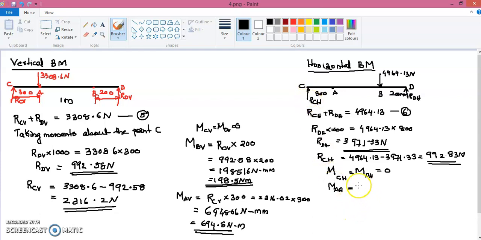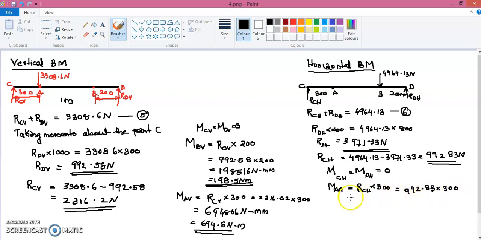So I will write it as RCH into 300. So the value for RCH, we already calculated this. So it is 992.83 into 300.